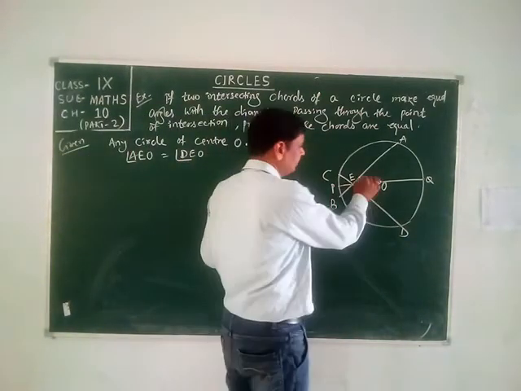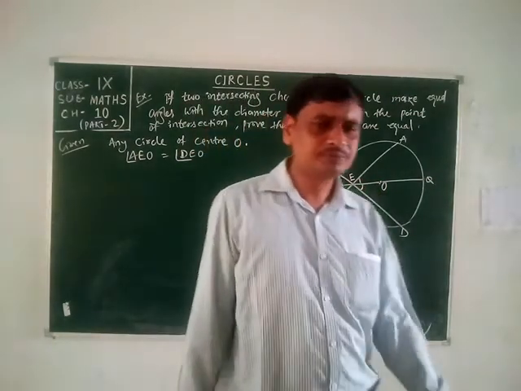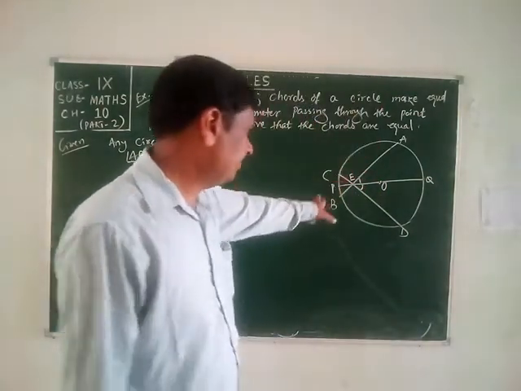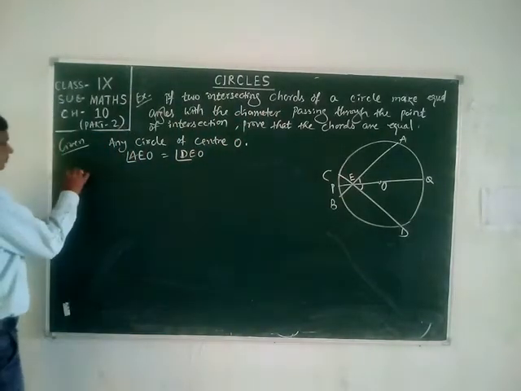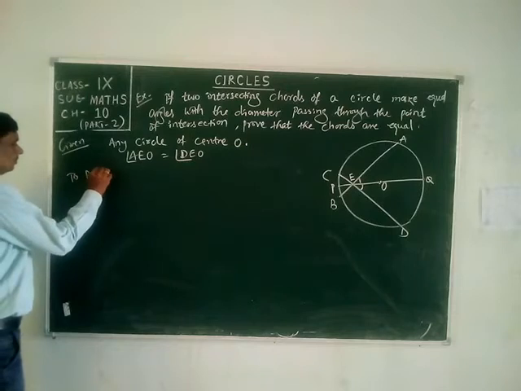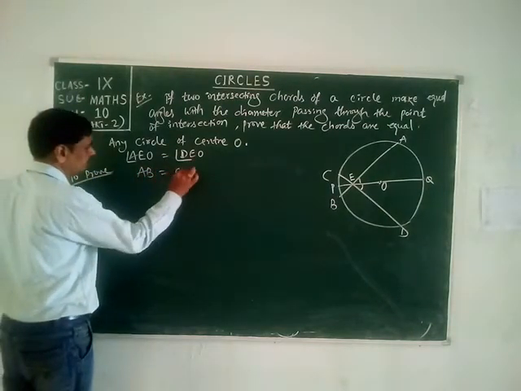It is given which two angles are equal, and we have to show that AB and CD are also equal. We have to prove AB is equal to CD.